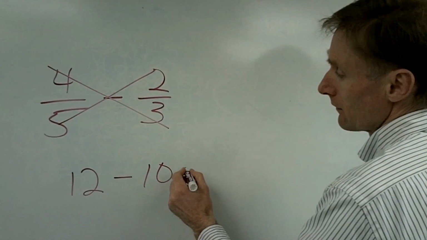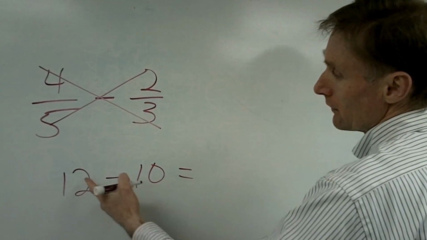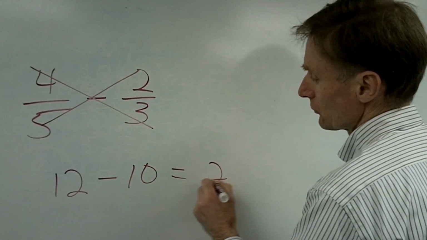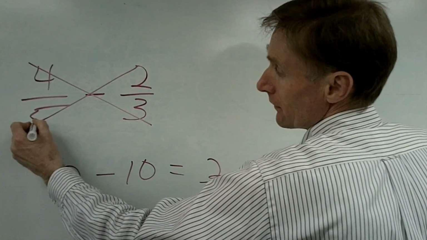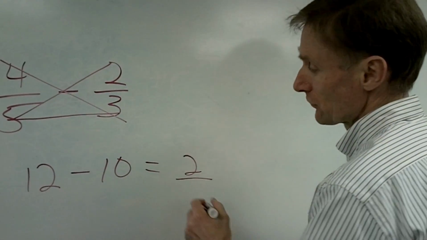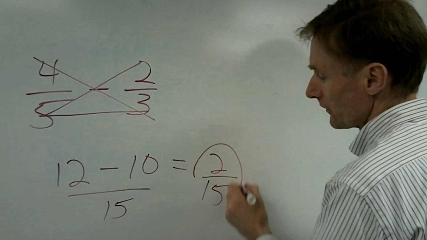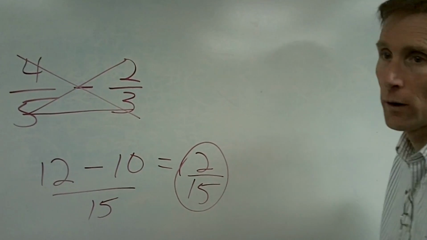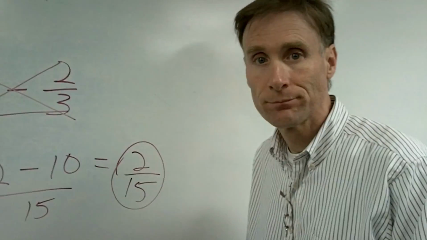And again, this becomes our numerator, or the top number. 12 minus 10 is 2. And then we need that common denominator, which is 5 times 3, which is 15. And you're done. This is a very, very fast way, and it's worth learning.